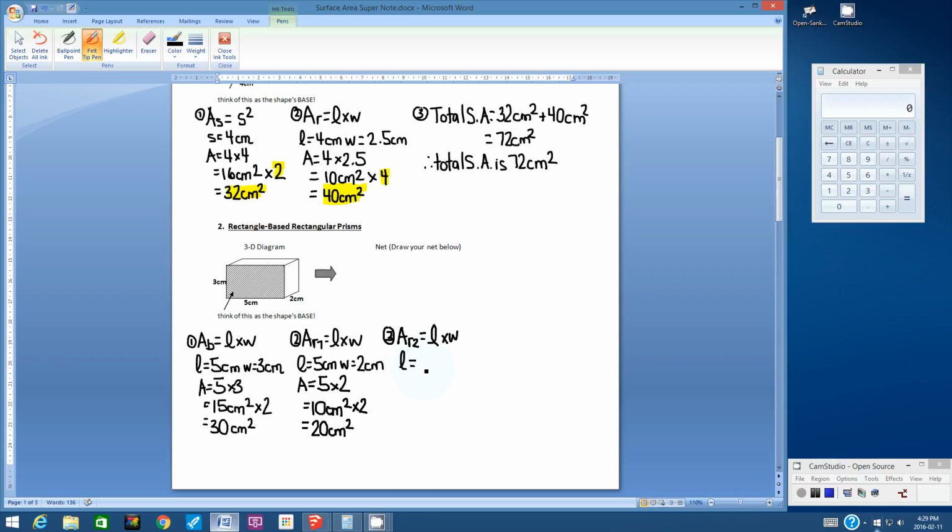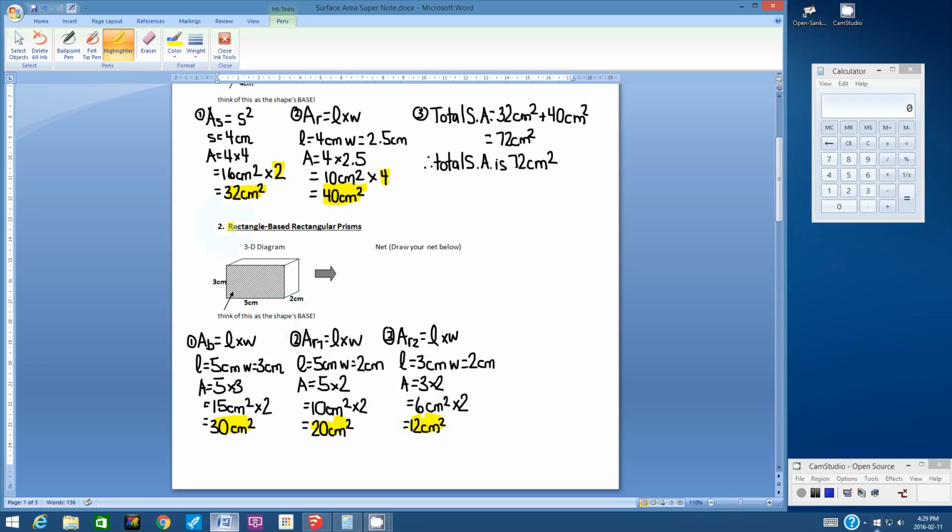Length equals 3 centimeters, width equals 2 centimeters. We have area equals 3 times 2 equals 6 centimeters squared. Now remember, there are two rectangles that look exactly like that, so let's multiply this area by 2, and then we get 12 centimeters squared. So let's highlight these areas that we're going to need.